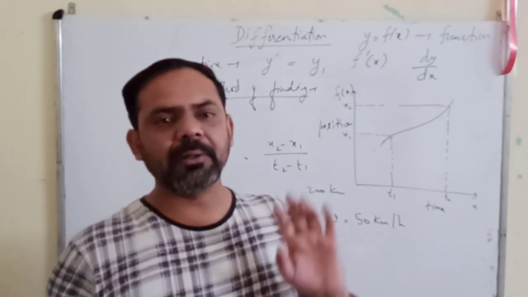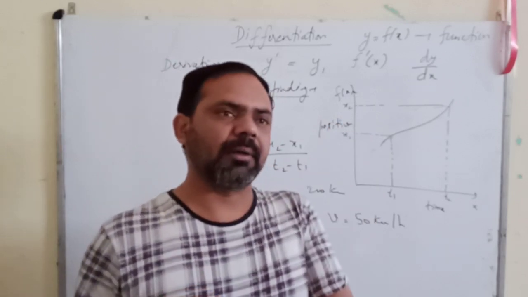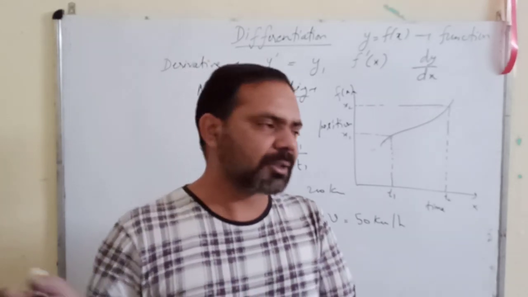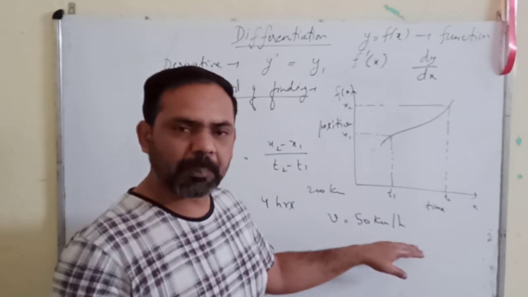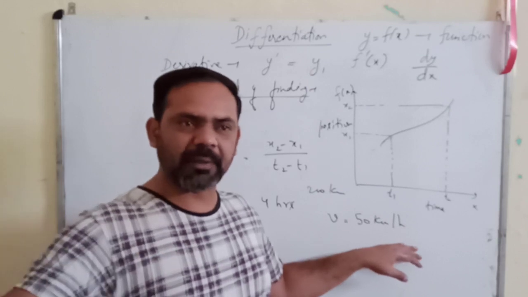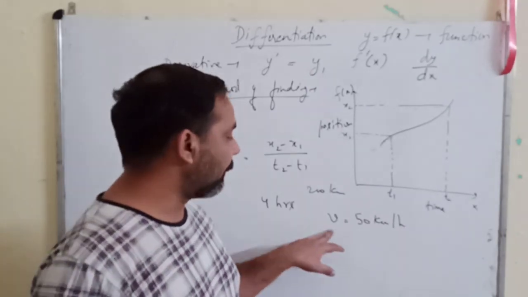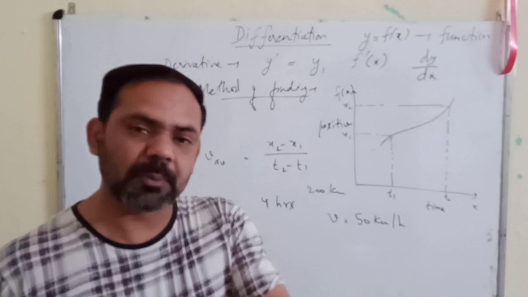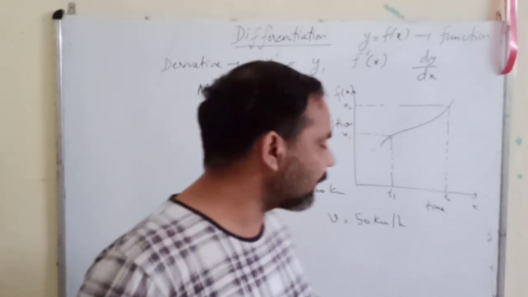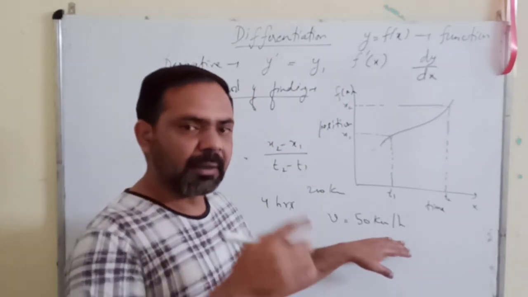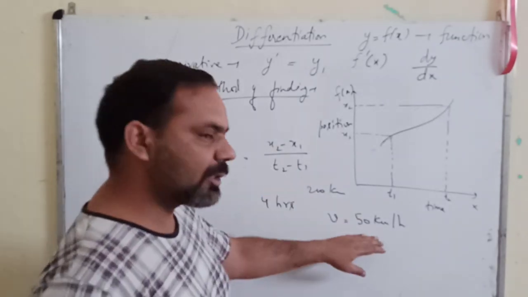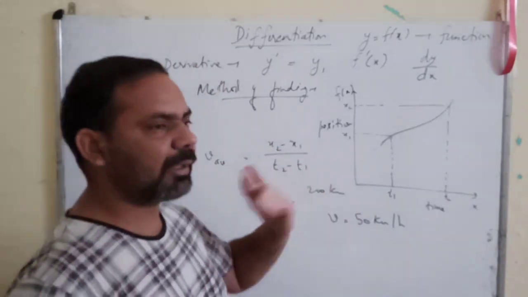When it entered congested cities like Rewari, it is not possible to maintain a speed of 50 km per hour. So it doesn't mean the car traveled throughout at 50 km per hour. It was the average velocity. So you can easily find the average velocity.